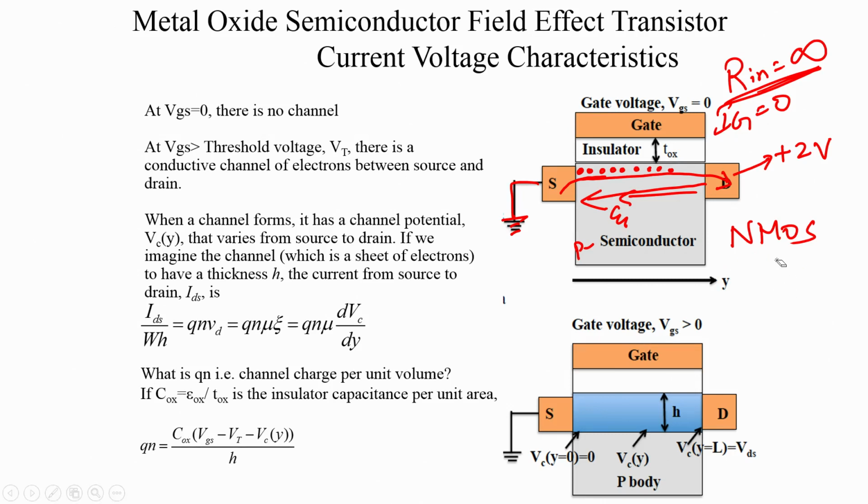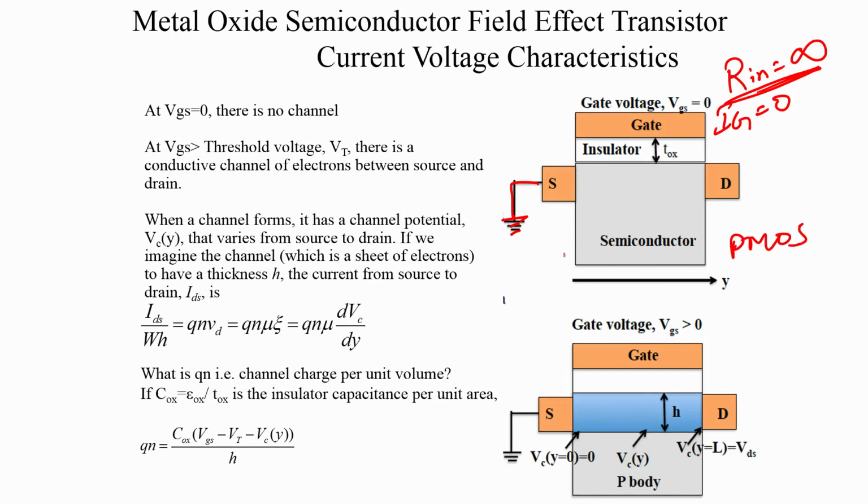How do we go about this? Before we continue, this is equally true for a P channel device. If it is a PMOS, you will have your N type semiconductor, and you will have holes at the interface after inversion. The source will be at a higher potential with respect to the drain. For example, let us say this is 2 volts and that is ground.